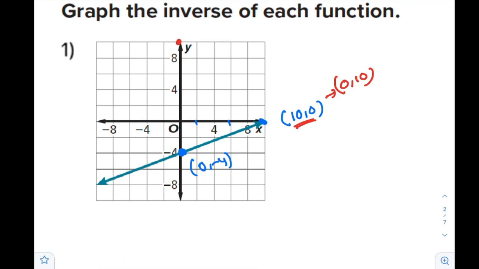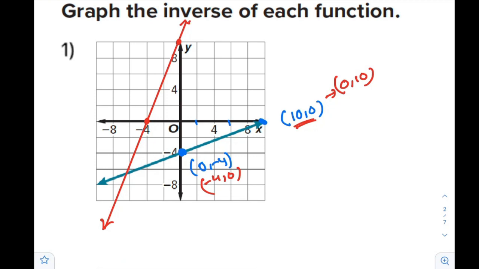Now the x-intercept becomes the y-intercept in the inverse. Similarly here, this was the y-intercept, and it becomes the x-intercept here. And we will mark the new points over there, and this will be our inverse.